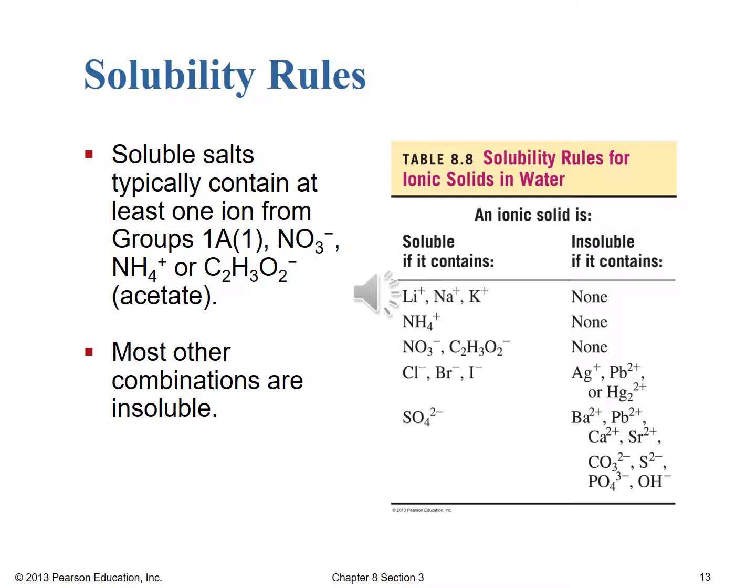So unfortunately, the rules aren't always hard and fast, but if you get used to these, you'll probably be able to predict in most cases when you would expect something to be soluble in water versus an ionic solid that might be insoluble. And again, the giveaway tends to be either silver, mercury, lead, or those lower group 2 cations, or anions like carbonate, sulfide, phosphate, or hydroxide.